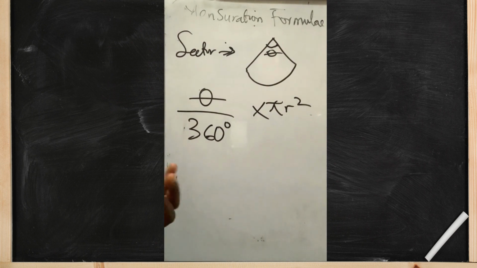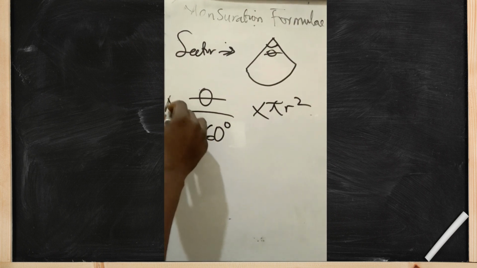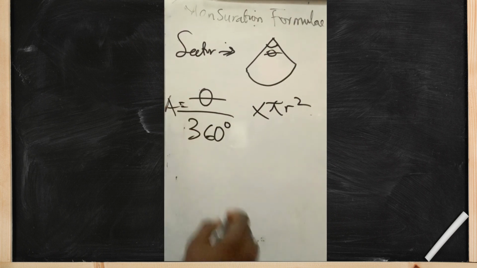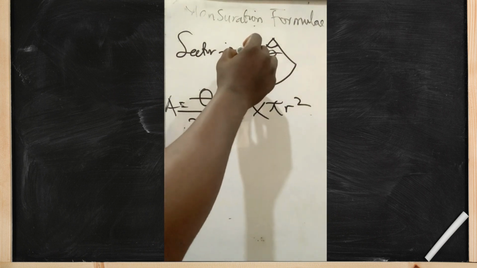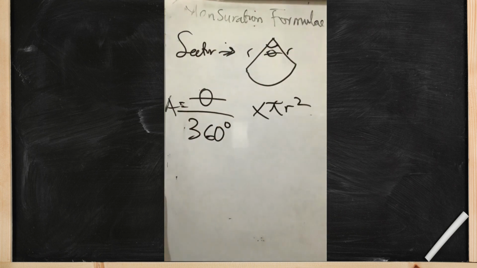Now, moving ahead, if we're looking for the perimeter of this same sector, you know that I said perimeter is the sum of all sides. So this is going to give you radius, right?